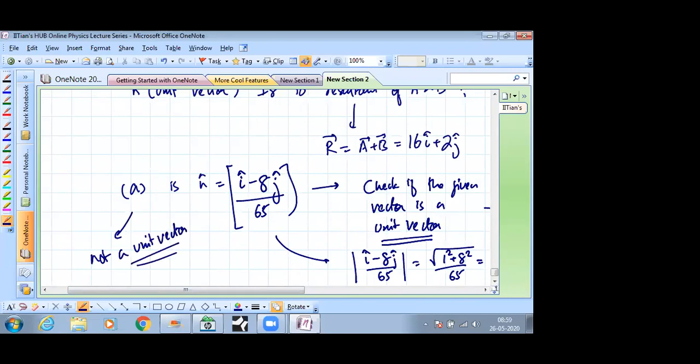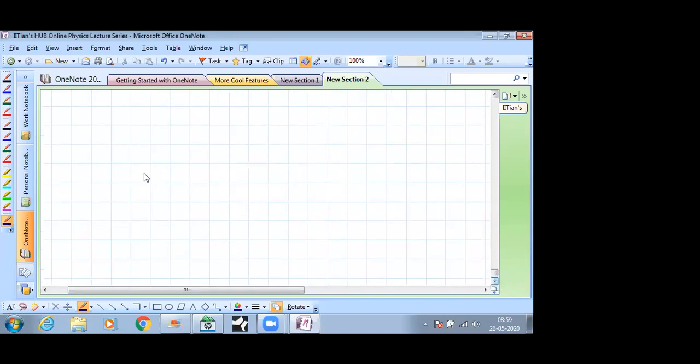Now let's come to option B. What is given in option B? It's given as i cap plus 8j cap divided by root 65. So first of all, let's check, is it a unit vector? And the answer to that is yes.